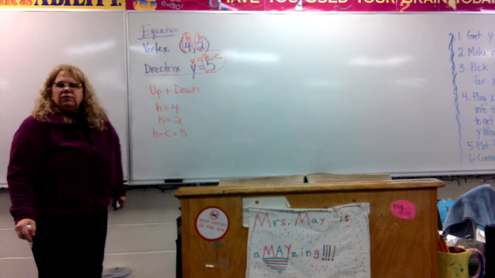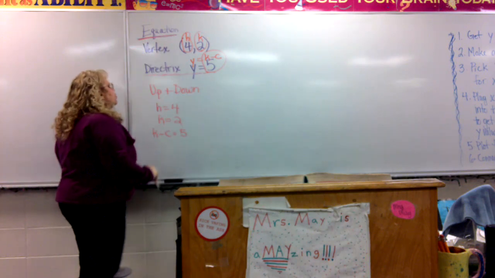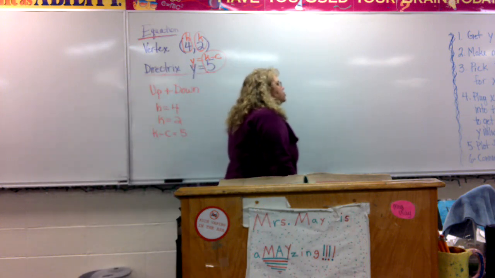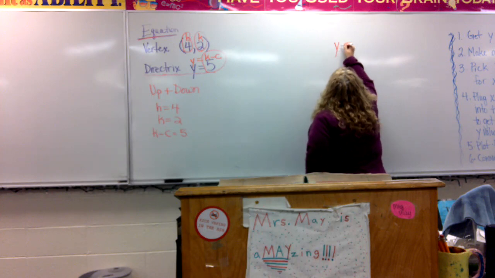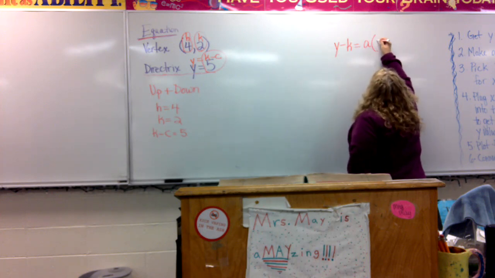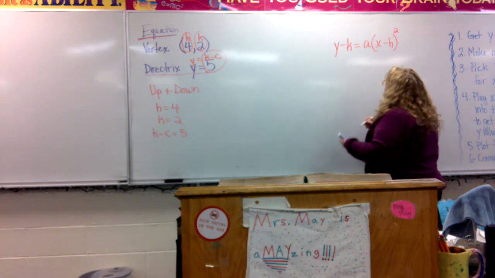Now, the only thing that's different today is that you're going to be finding the equation. This is an up and down. So for an up and down, the general equation, y minus k equals a times x minus h, all squared.